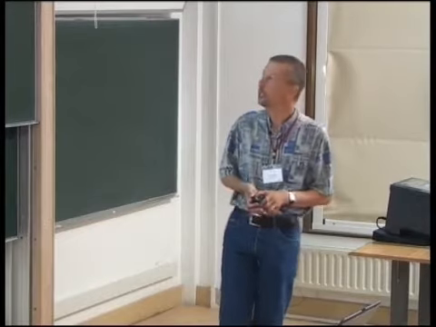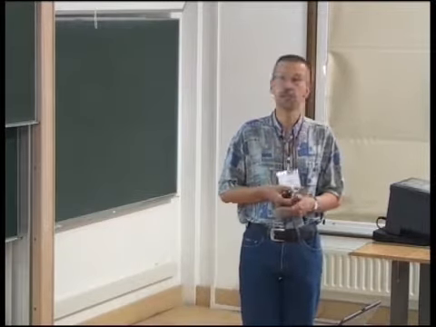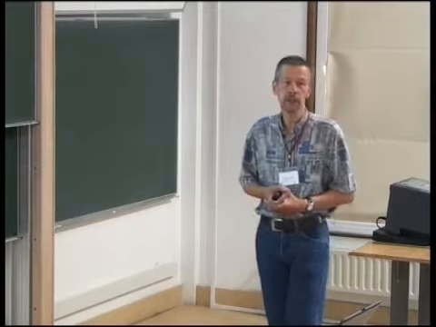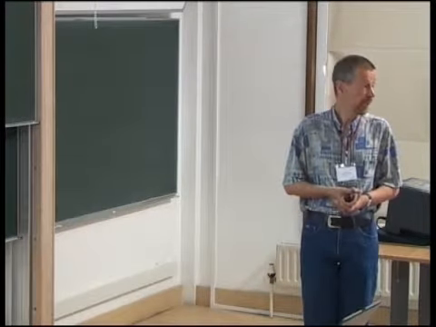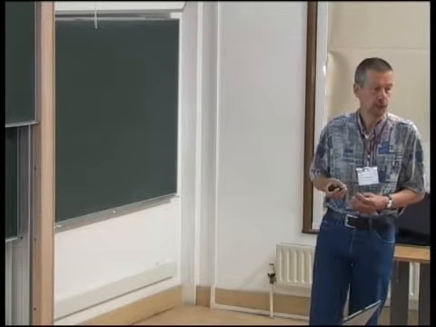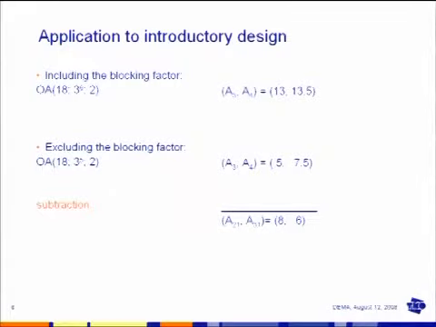Now, what does this mean? There are 13 3-letter words in the 6-factor design, so including the blocking factor. There are 5 3-letter words in the 5-factor design, and the difference of 8 three-letter words must be the words that include the blocking factor and 2 other factors. So this 8 corresponds to what I call A21.